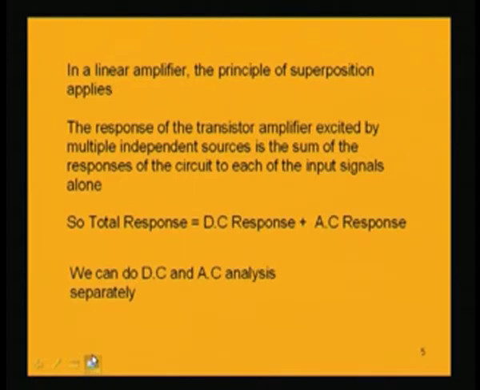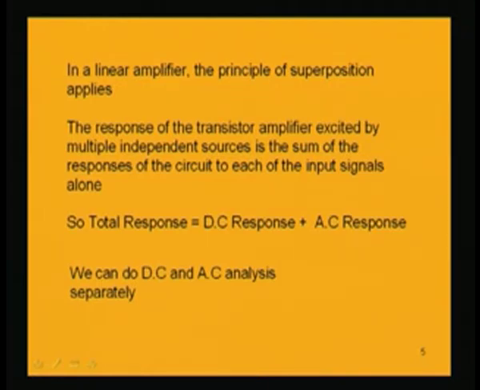That means DC response plus AC response can be summed up to give the total response, and we can do the DC analysis and AC analysis separately, giving the corresponding voltages.